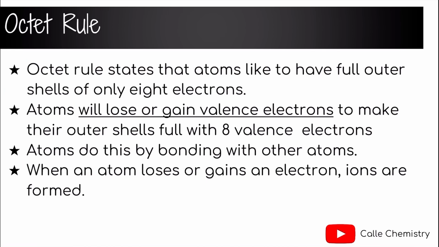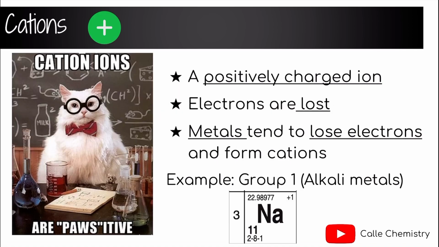Atoms will lose or gain valence electrons to make their outer shell full with 8 valence electrons. Now, the way they do this is by bonding with other atoms. And now when an atom loses or gains an electron, it is no longer an atom, it is now an ion. So let's take a look at that.